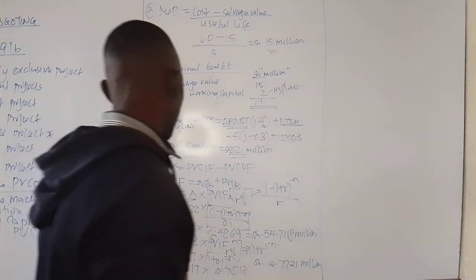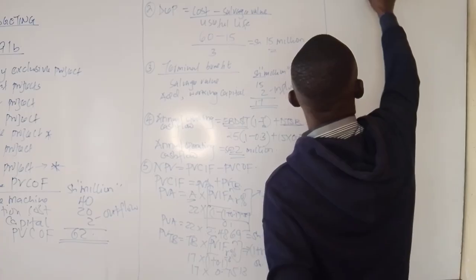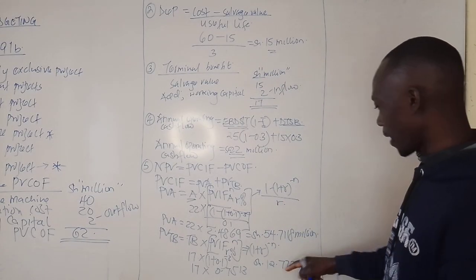So when we accumulate the two, the present value of cash inflow will be given by you take this one plus this one.